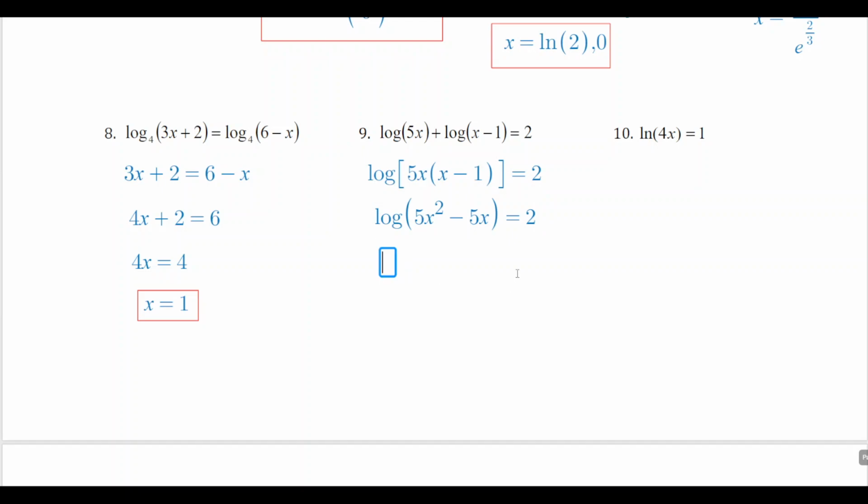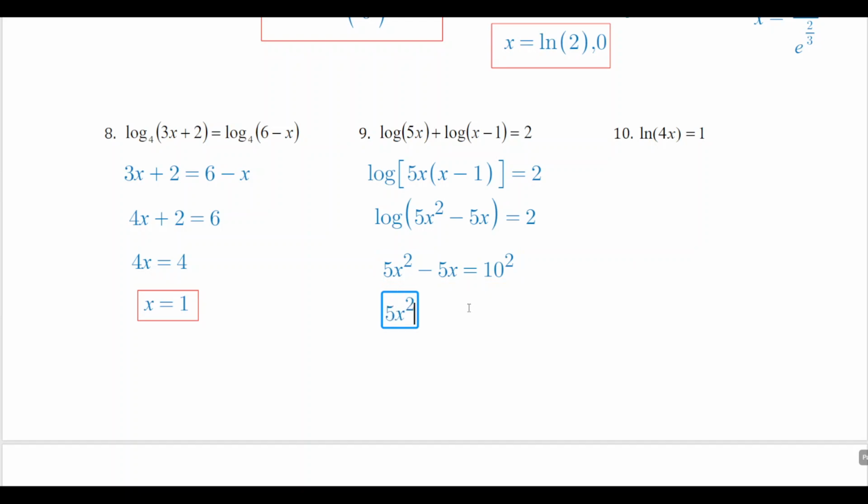So anyway, here we're going to have 5x squared minus 5x equals 10 squared. I'm just rewriting this, using the inverse property to rewrite it as an exponential. Then I'm going to subtract 100 from both sides.